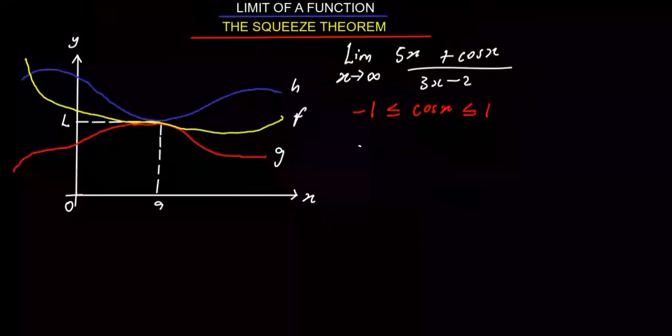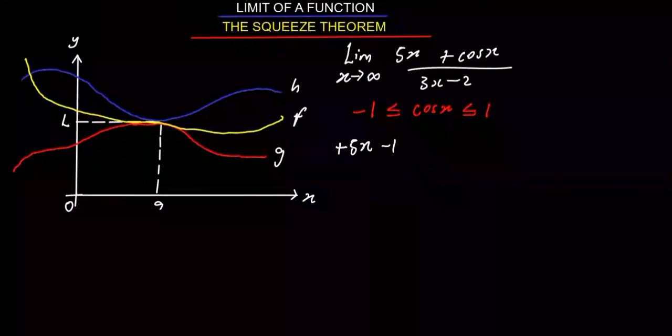You have minus 1 less than or equal to cos x less than or equal to 1. Add 5x to each part. So if I add 5x here, I'll have 5x minus 1, then this is 5x plus cos x, then if I add 5x here, 1 plus 5x.